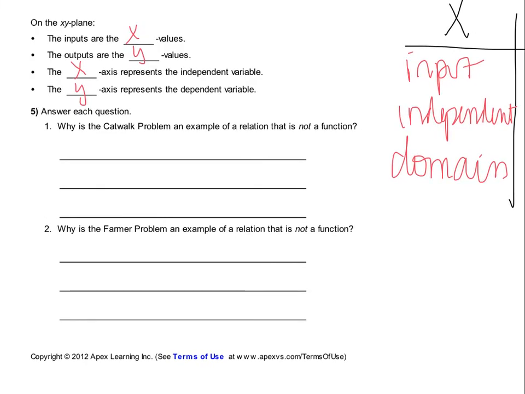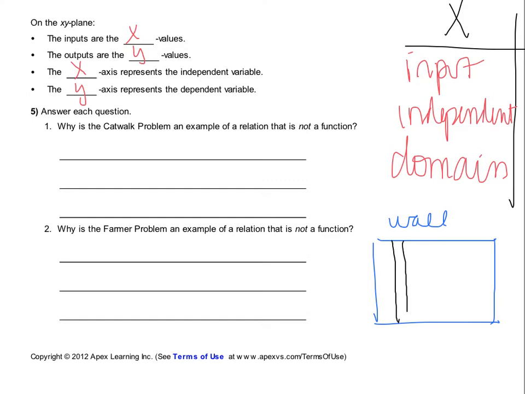The catwalk problem is a problem that you are going to most likely see on your quiz. So it says, why is the catwalk problem an example of a relation that's not a function? Well, you need to understand what a catwalk is. And the easiest way I can explain it is, rather than talking about a catwalk, to talk about if you had a wall. Here's a wall, okay? It's not a rectangle, it's a wall. In the wall, there are support beams.